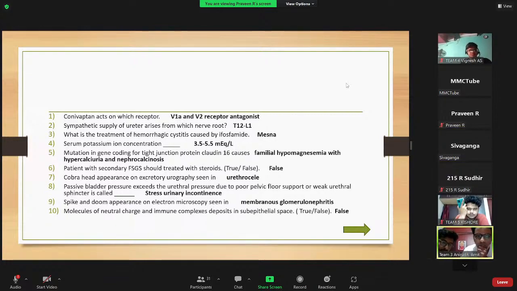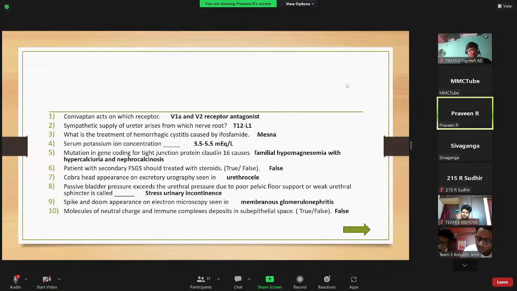Yes, we said familial hypomagnesemia within the time itself. Actually, it is an automated timer. It went to the next blank slide, and then you started with familial hypomagnesemia. Even then, you didn't tell hypercalciuria and nephrocalcinosis. So we can't give.